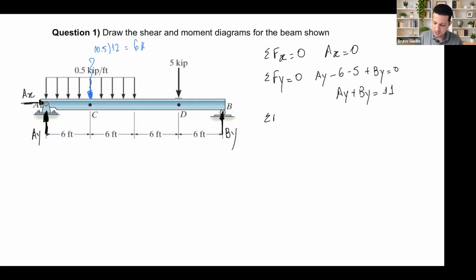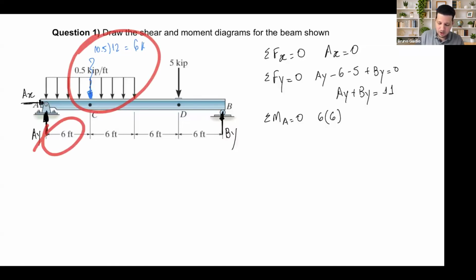And then the sum of the moments about A. What I have is 6 times 6. I'm talking about this 6 here, times 6. However, this is clockwise. Clockwise for the equilibrium equations is going to be negative. And then I have -5 times 18.